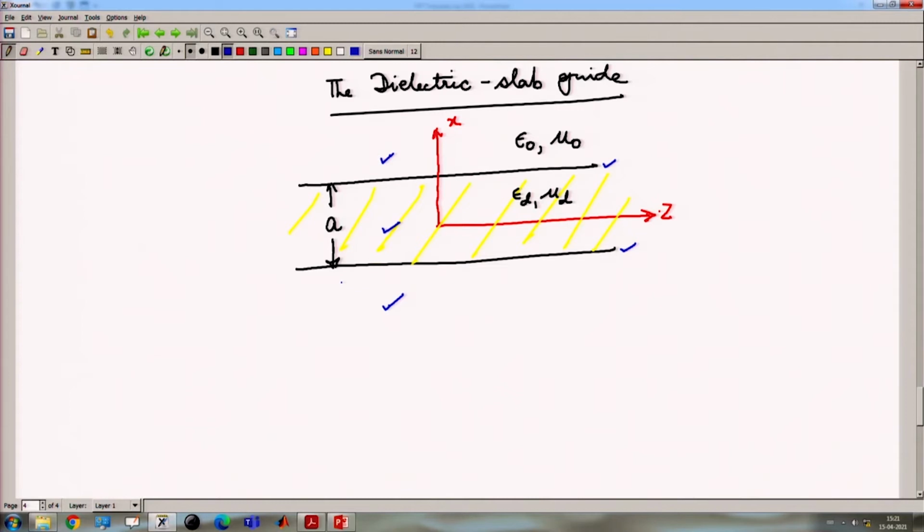It is desired now to find the z travelling waves, that is the waves travelling along the z direction with an e to the power minus j k z z variation.